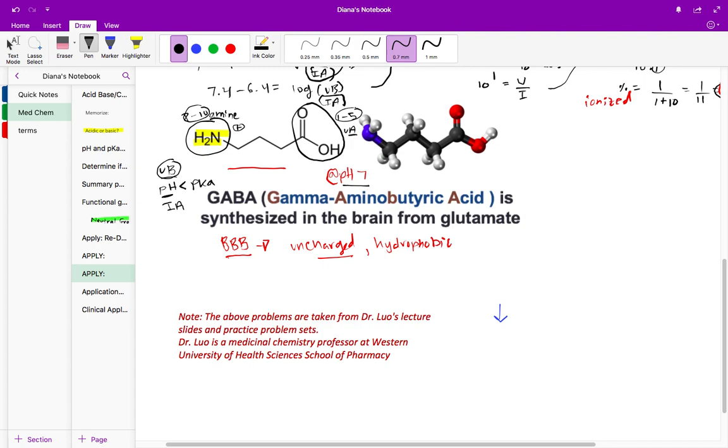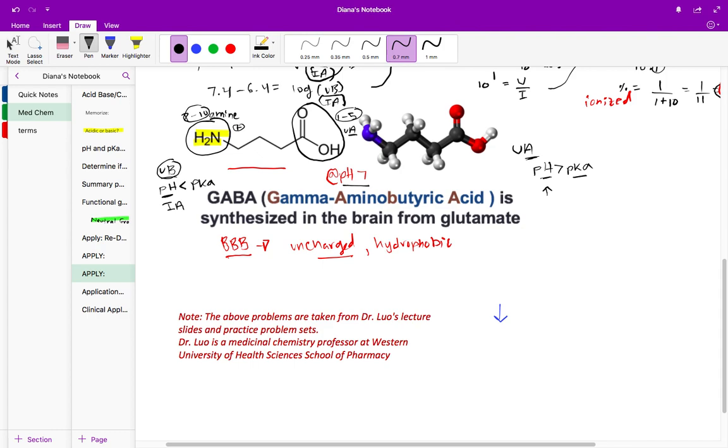Now the carboxylic acid is a UA, pKa 1 to 5, so the pH is actually greater than the pKa. So we have an acid, the pH of 7 is greater than the pKa of 1 to 5. So we have an acid that is put in a basic environment with a high pH.